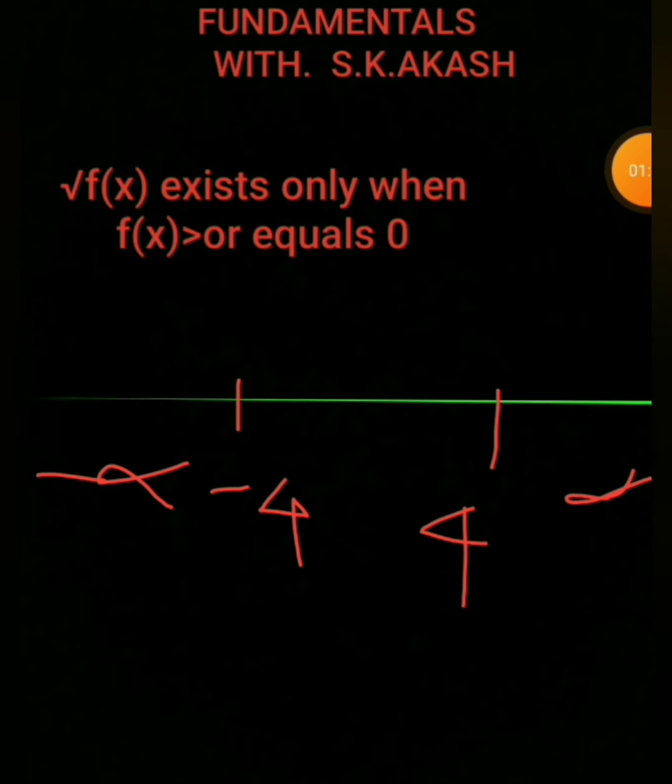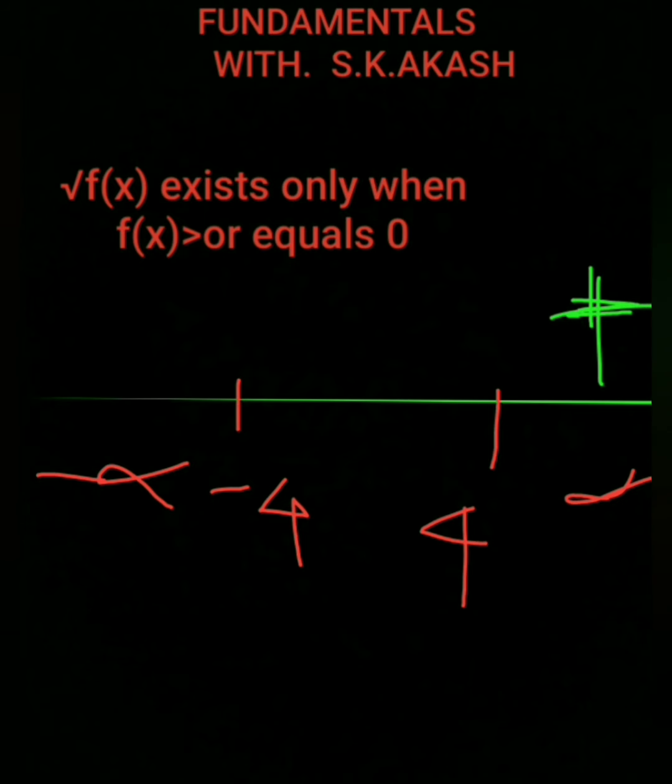On plotting x equals minus 4 and 4 on the number line, you will get it like this. Considering the points 4 to infinity, both factors are positive, so we get positive values for any number in that range.